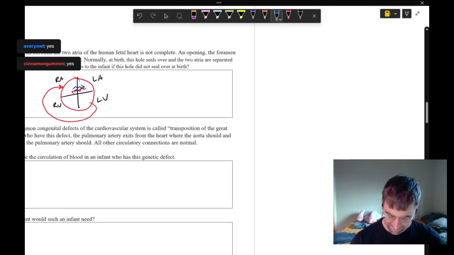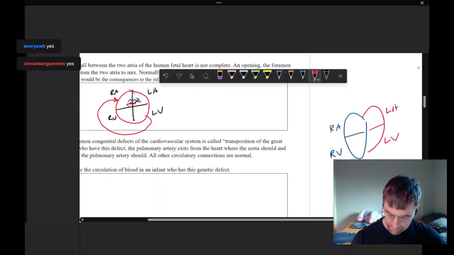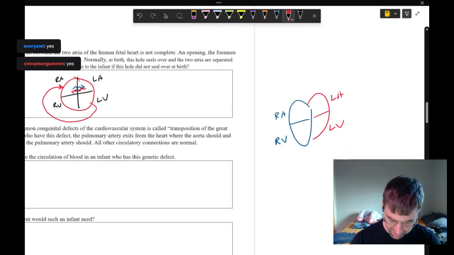Let's draw our heart here. So we have right atrium and right ventricle, and we have left atrium, left ventricle. I'm going to draw a normal circuit first.